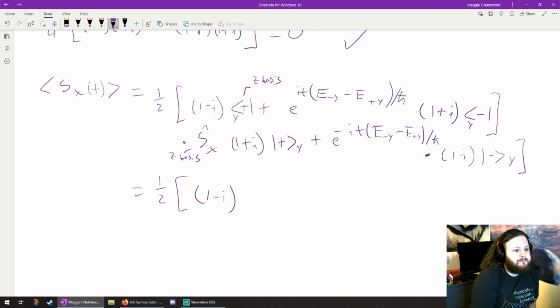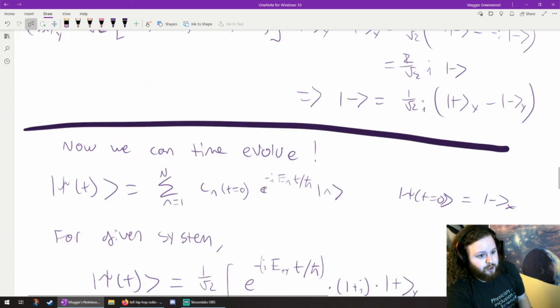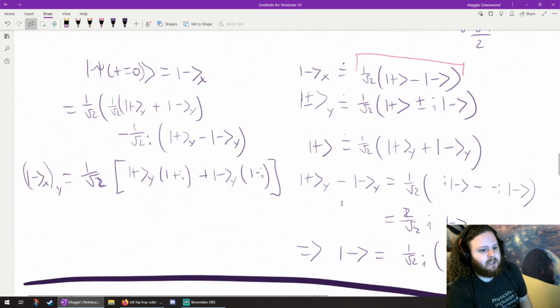So this thing really, the plus y ket, is really a vector, which is something that I can write down in the z basis. And I have to go all the way back up or look at my handy dandy spins reference sheet to figure out what this thing looks like in the z basis. So plus y in the z basis is 1 over root 2, plus i minus.